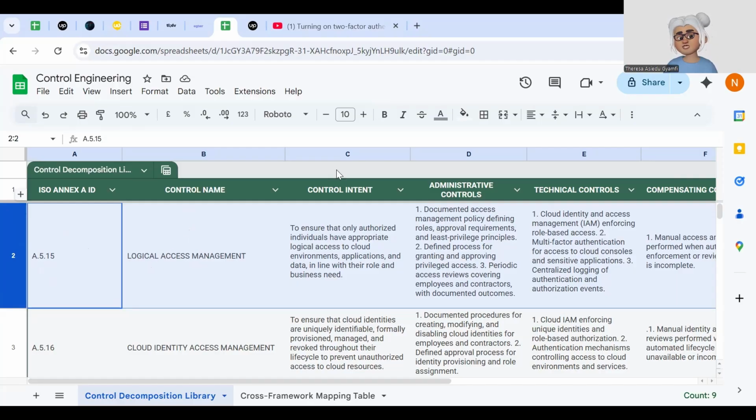So under the ID, we have A5.15, and then the control name is logical access management. For the control intent, you take what the control stands to achieve, and then you modify it to suit the organization that you are working for.